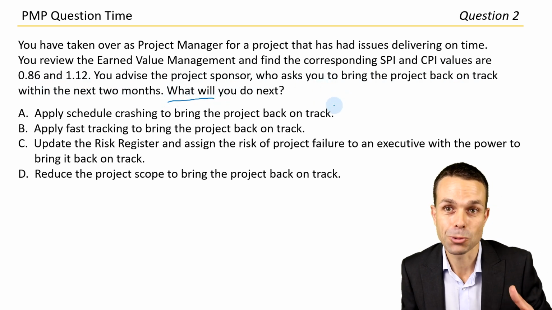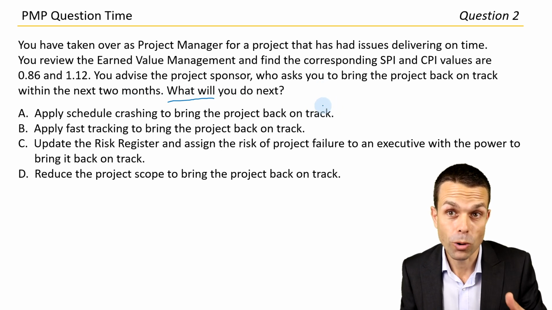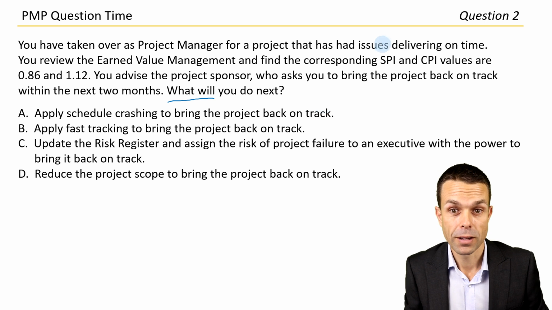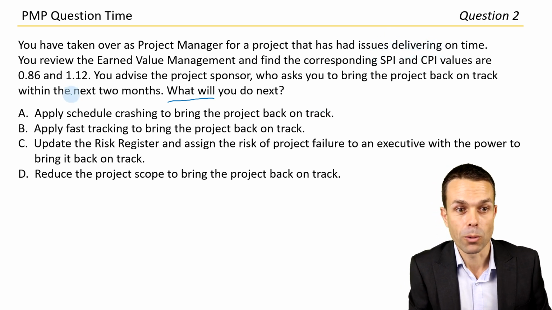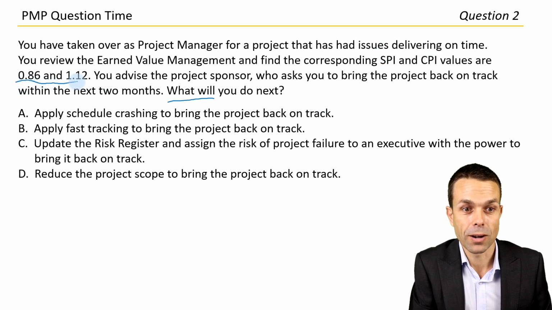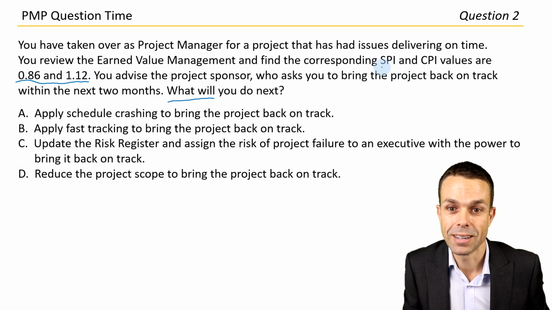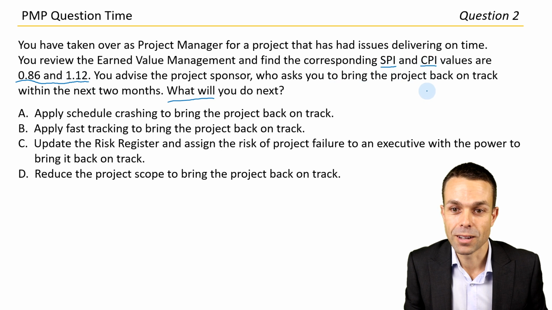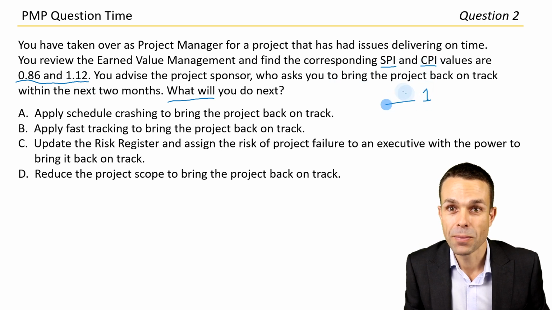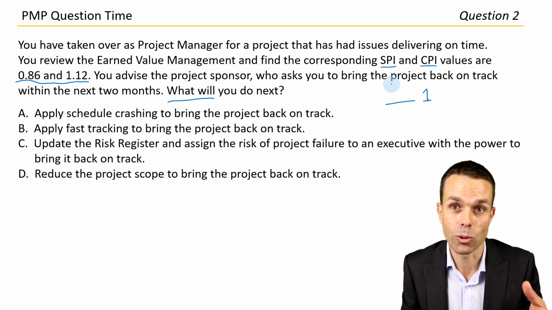So what actions are we going to take to bring our project back on track? But we also have to know what is wrong with our project, well, if anything. So it says we've had issues delivering on time, but what do the SPI and CPI actually say? So here's the trick that we use with the schedule performance index and the cost performance index. And that is, it's around the number 1. So if something is less than 1, it means we've delivered less than what we should have at that point in time.